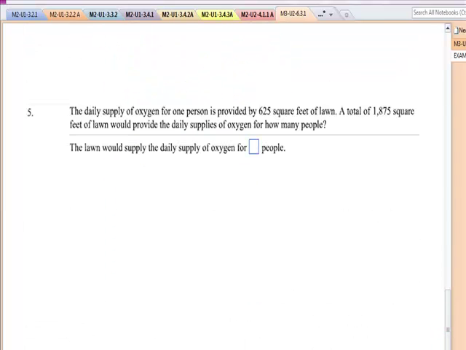All right, last one. The daily supply of oxygen for one person is provided by 625 square feet of lawn. It is plants that produce the oxygen that we need to breathe. So, one person, 625 square feet of lawn.